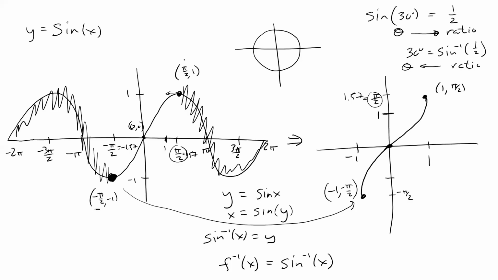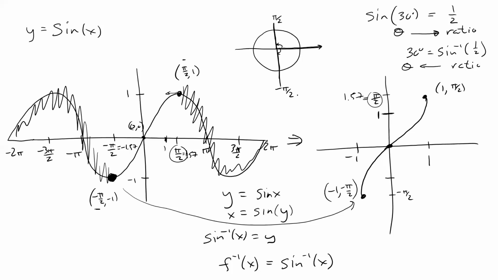And where would pi over 2 be as far as an angle measurement? So remember how angle measurements on this side, this would be 0, is that right? And if we went up to here, this would be an angle measurement of pi over 2. Are we good? So if I were to go down this way, this guy would be an angle measurement of negative pi over 2. Are we good?